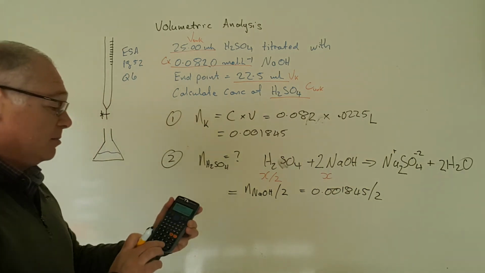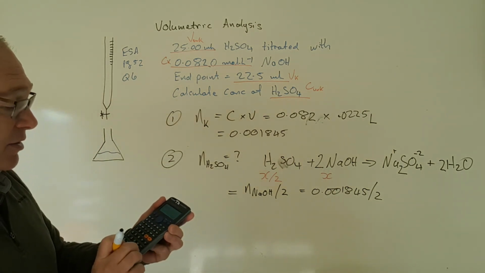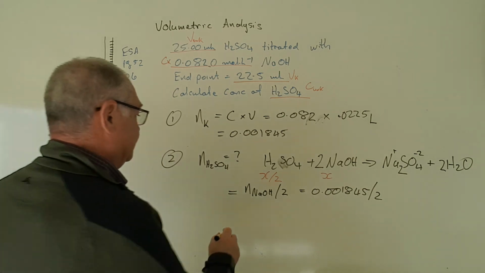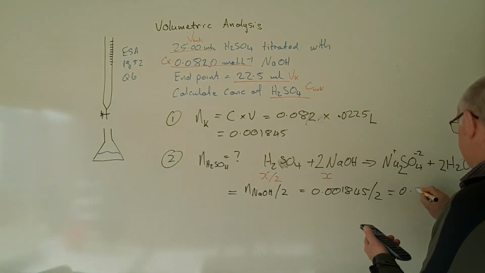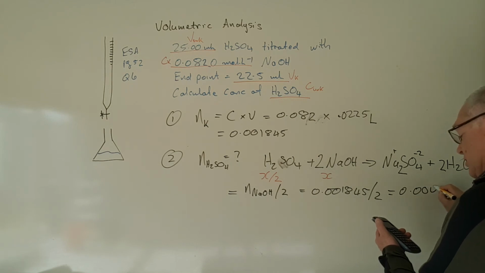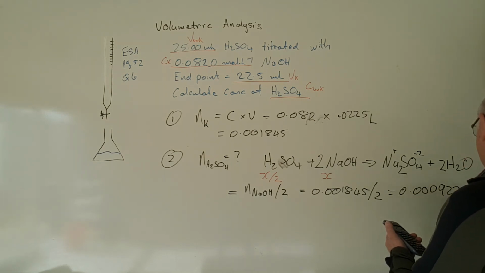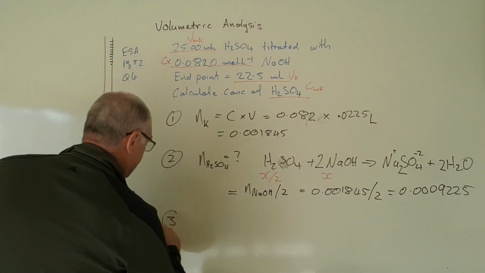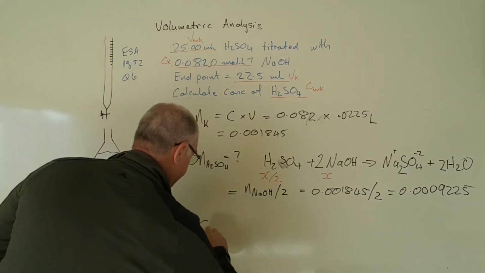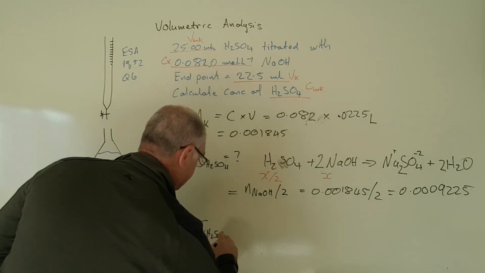The numbers are still on my calculator. Divide by 2 equals 0.0009225.